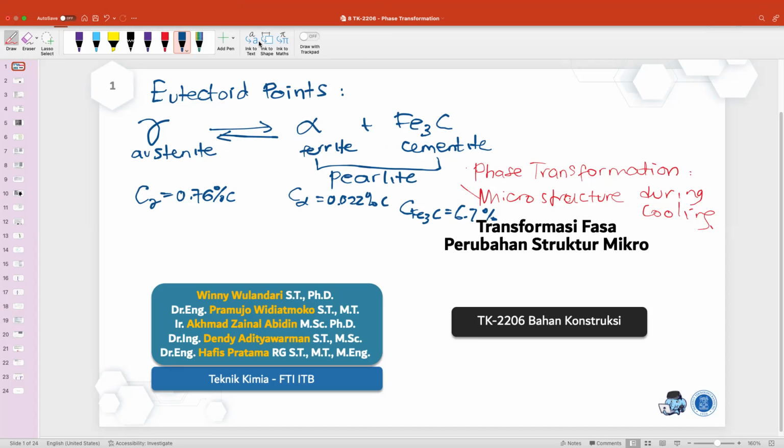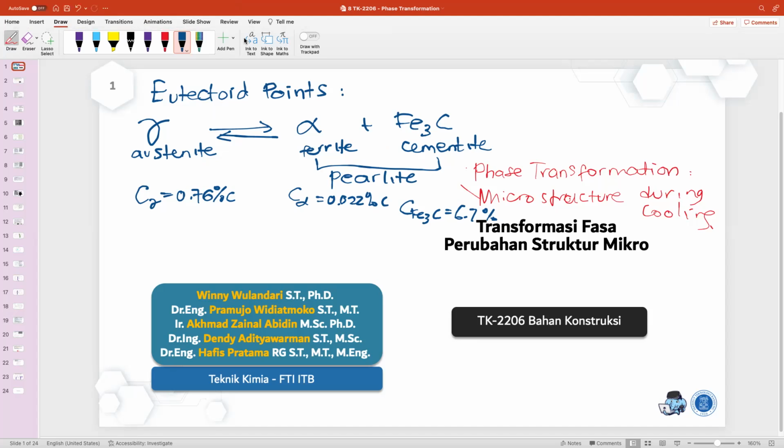Okay, however, we know the limit that when we cool down austenite, it becomes ferrite and cementite. This is from the phase diagram. But from the kinetics point of view, if we include the constraint, the time is going to be quite long.